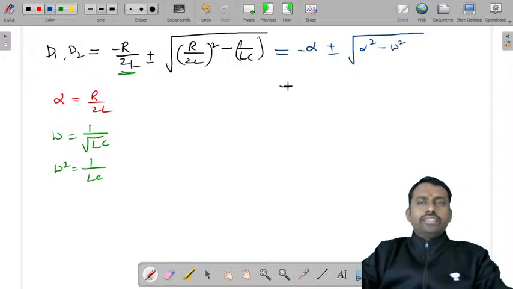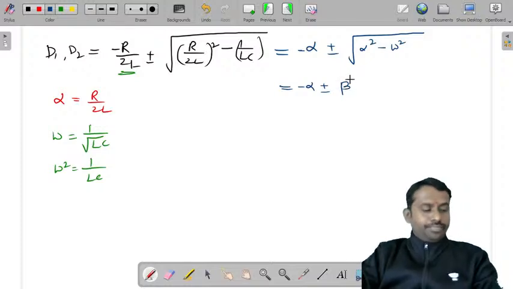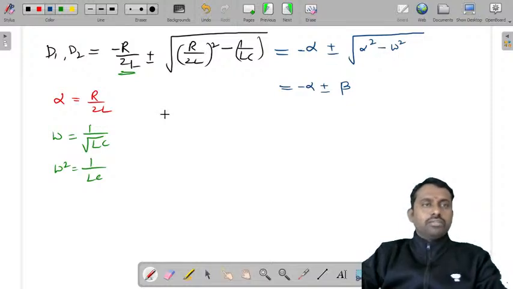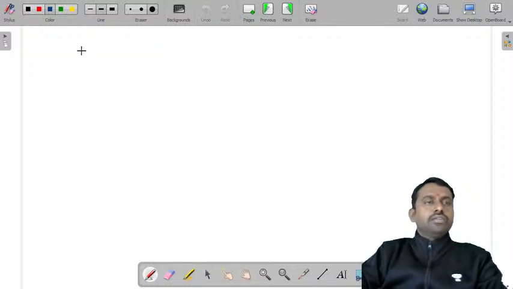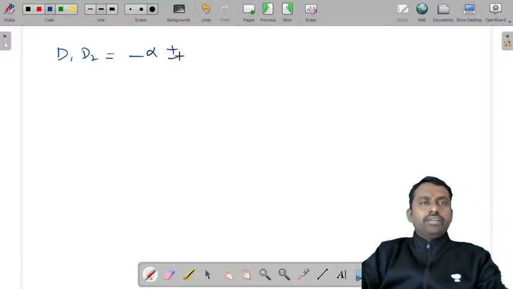So I'll write this as minus alpha plus or minus beta, where beta is equal to under root of alpha square minus omega square. So D1, D2 is equal to minus alpha plus or minus under root of alpha square minus omega square.